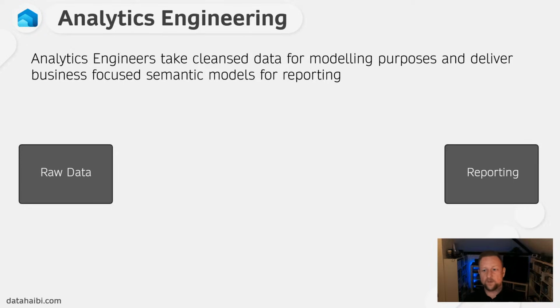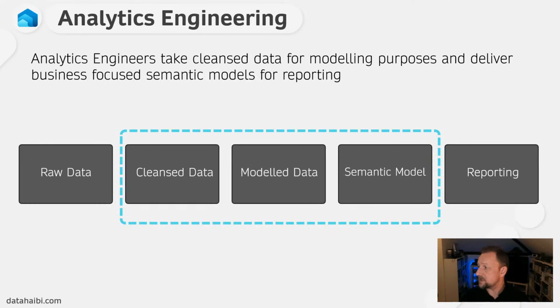On that right-hand side, we've got reporting. Now that could be ML, it could be AI as well, but I'm just wrapping up the business-facing part of the data flow with reporting. So in the middle, that's where analytics engineering is living, right? So we've got cleansed data, model data, and semantic model. Those analytics engineers are taking the cleansed data, modeling it in whatever modeling pattern suits the company, the environment, the organization, the project.